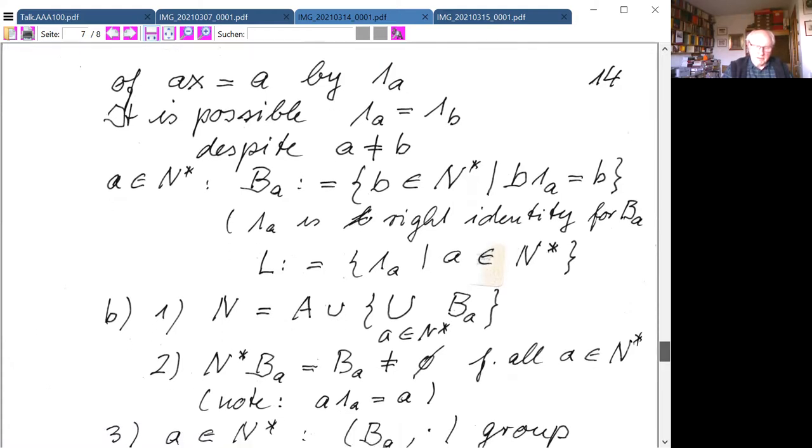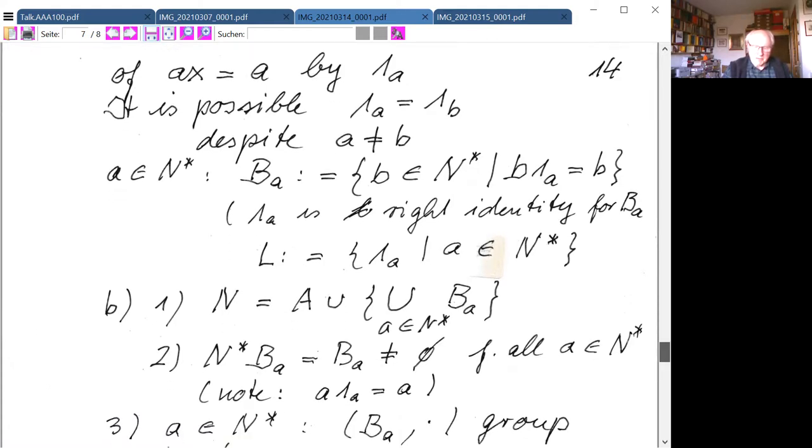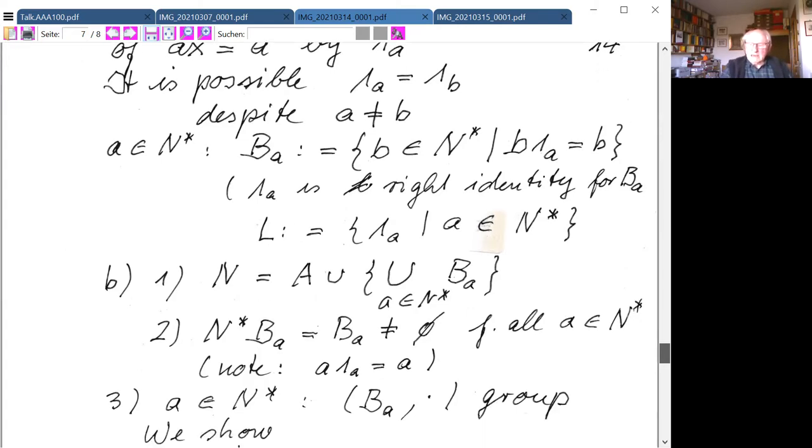For these elements, 1 sub A is a right identity for all elements in B sub A. It will turn out these are the basic blocks. They will turn out to be more or less the orbits under the group we will construct.